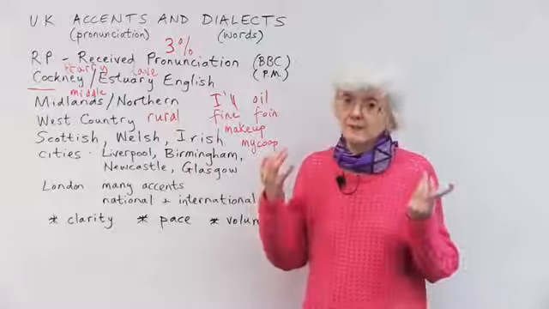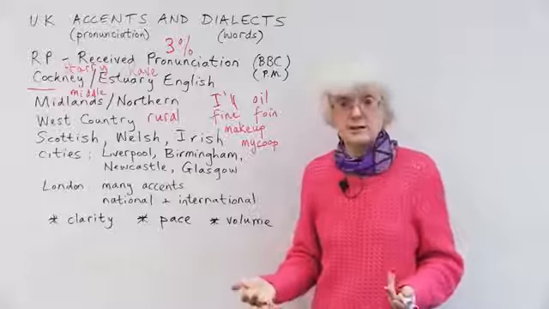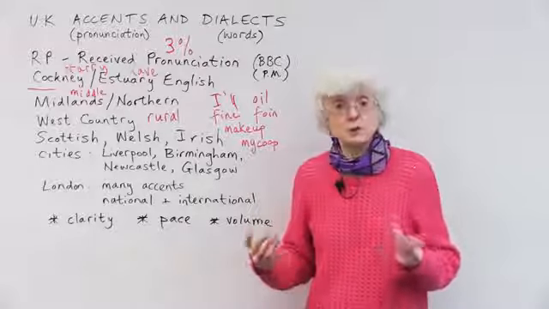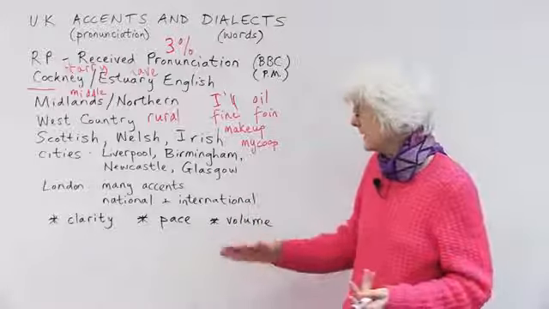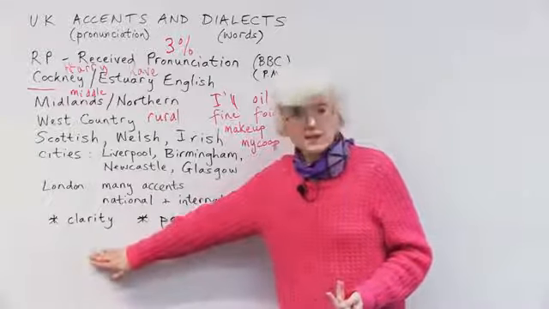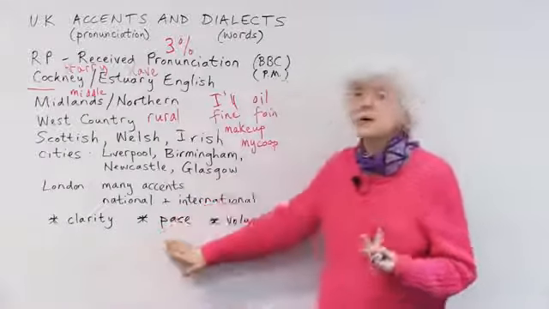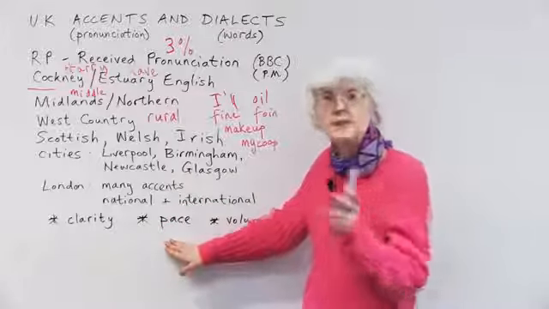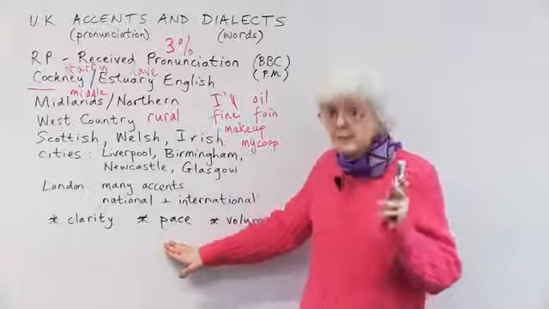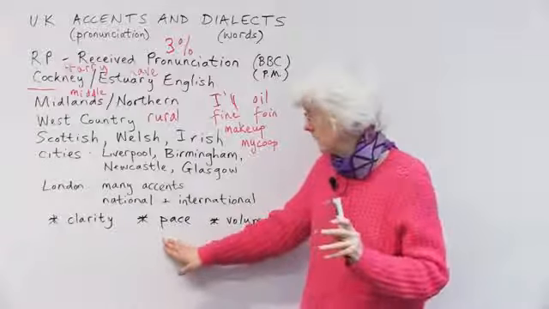But there are three main things that really matter with accent. It doesn't really matter so much which accent you use, as long as you have these three things. Clarity, that's if you speak clearly, okay? Pace, or the speed, don't speak too quickly, and you can ask other people to speak more slowly for you to understand them.